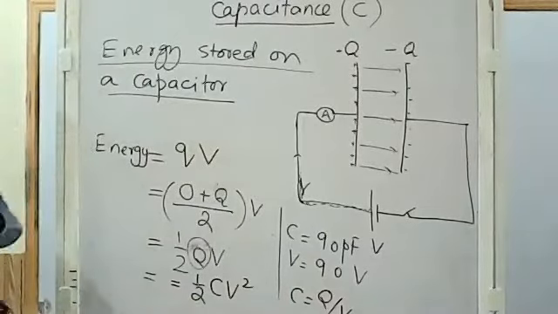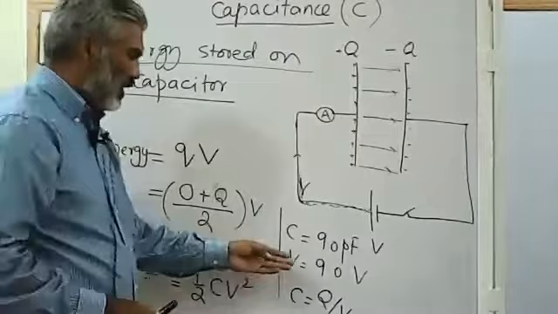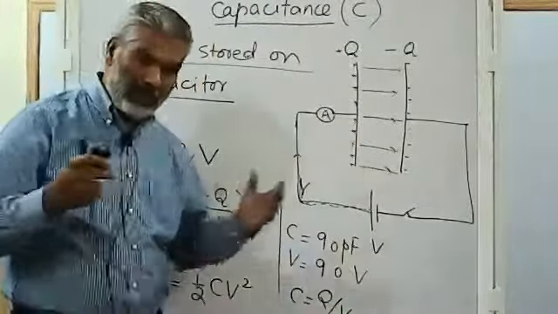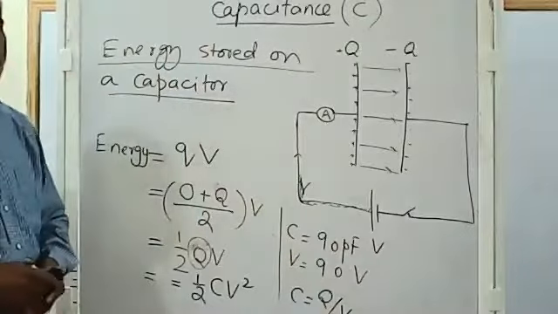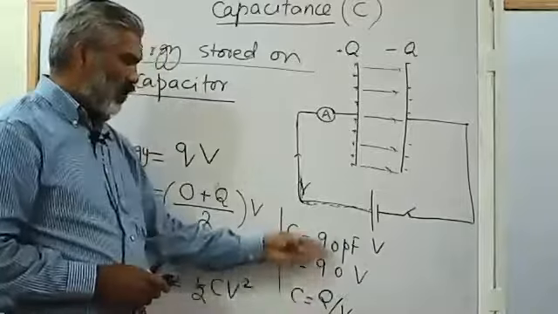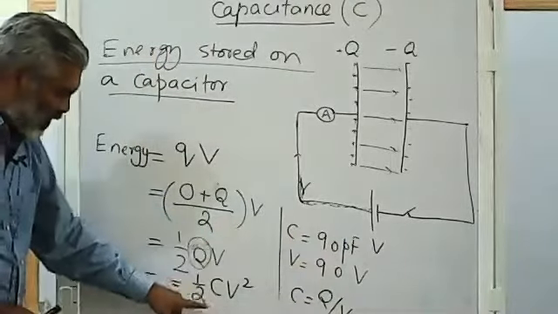A more useful formula is this, 1/2 CV square, because often the capacitance of a capacitor is given and the voltage difference that we have applied in order to charge that capacitor is also given. If I know these values, I readily put these values in this formula.